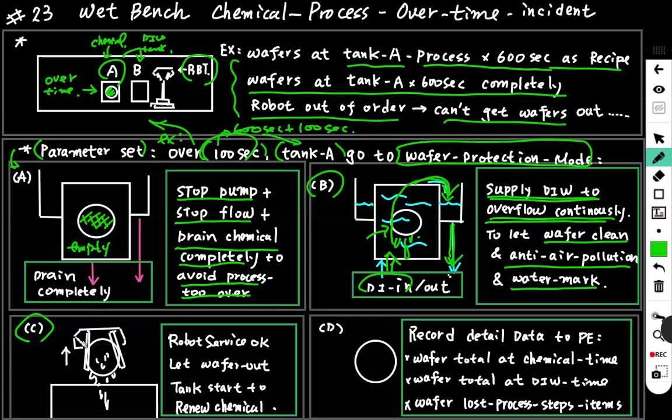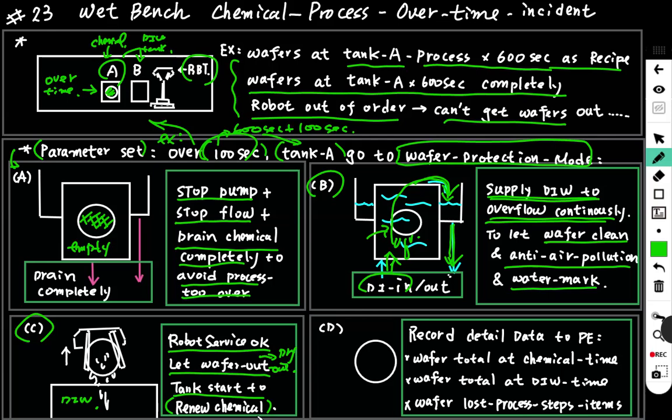And finally step C. As long as we confirm the robot is okay, we let the wafer out of the tank and get it dry and out of the wet bench. Then the tank is full of DI water. Then the tank needs to start the renew chemical procedure.